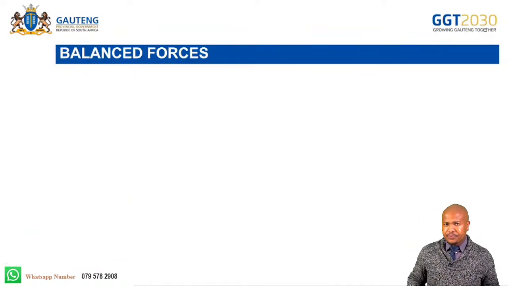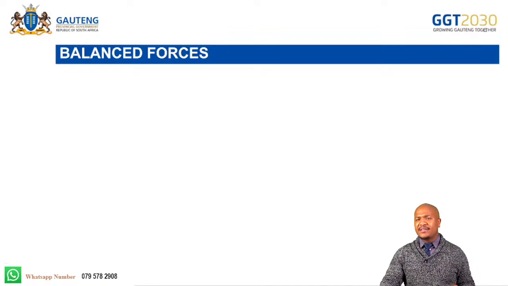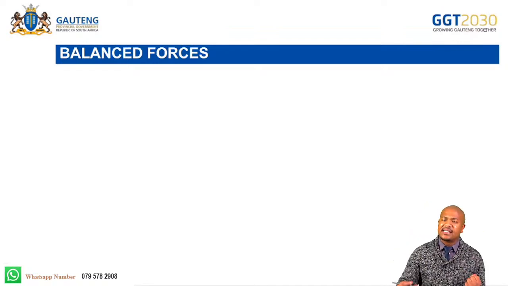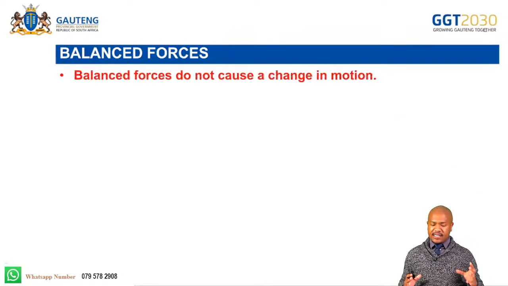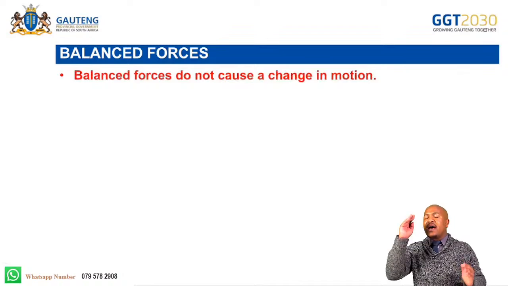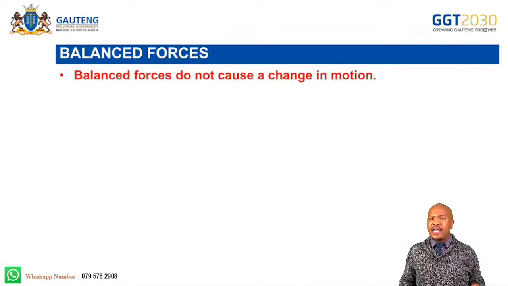Right. So we can notice that sometimes forces can be balanced and unbalanced, right? So what do we mean when we say forces are balanced? When they are balanced, it means that they are the same in size but acting in opposite directions, right? So a balanced force does not cause any change in motion.